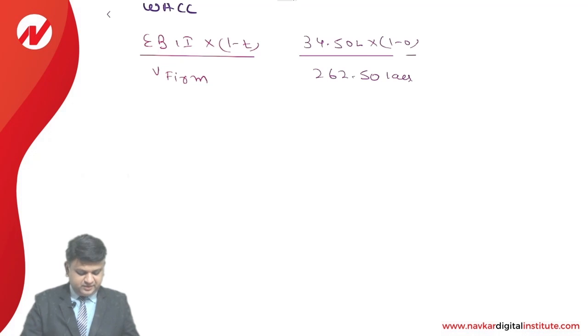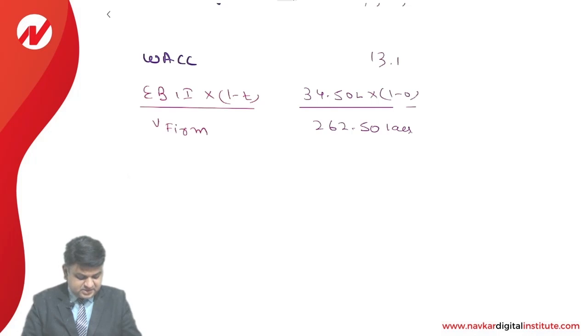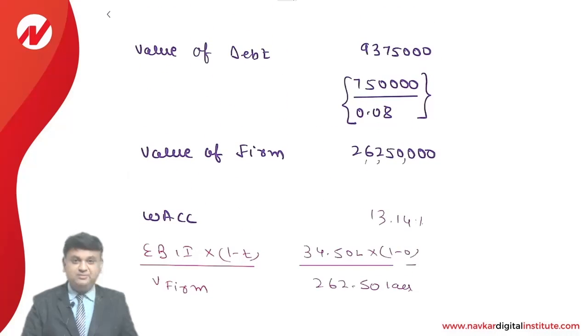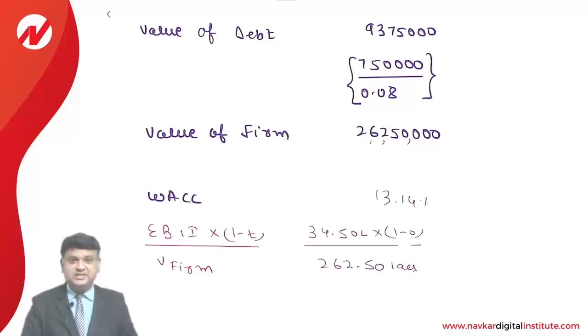So 34.5 upon 262.5 comes to 13.14%. This is the way weighted average cost of capital can be calculated. And cost of equity is already provided to us as 16%.